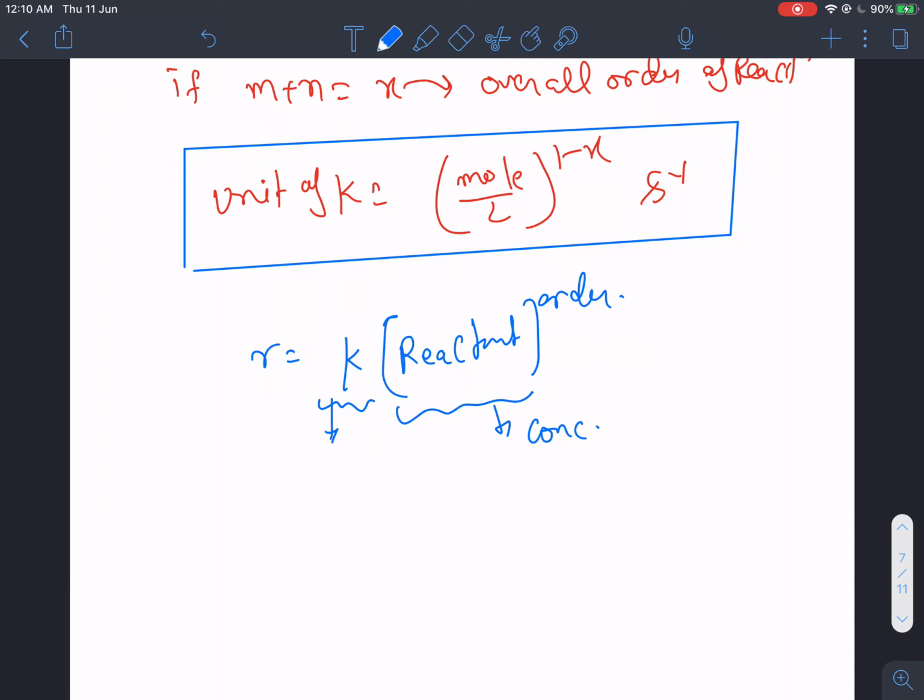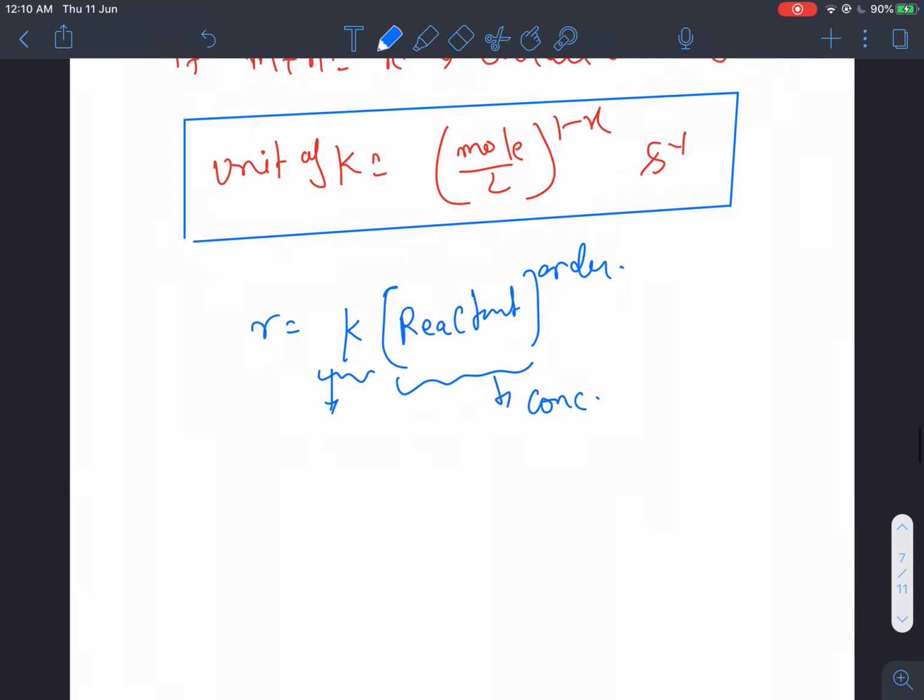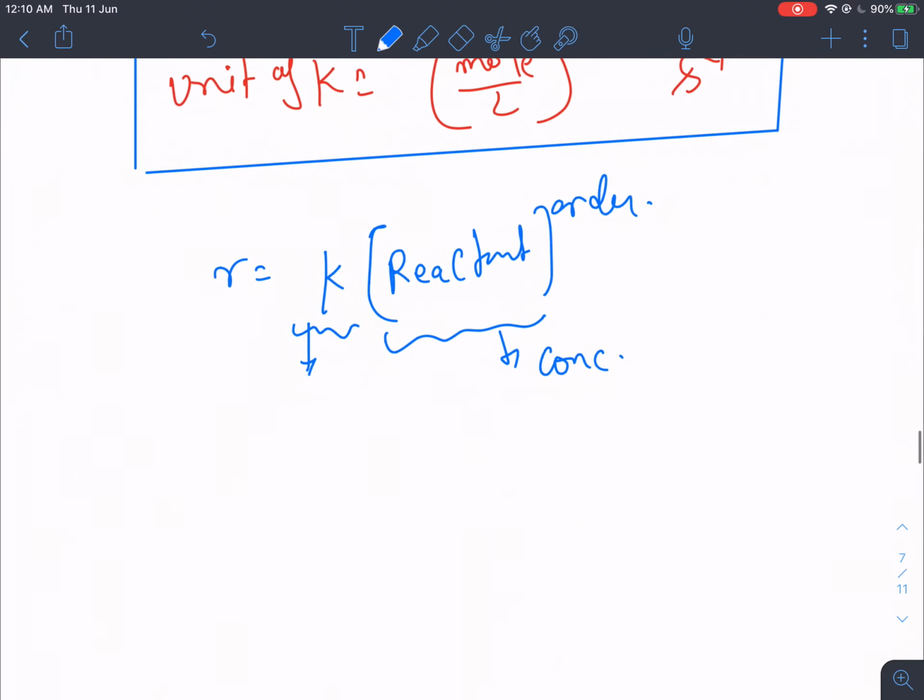So the general expression of K is K is equal to A e to the power minus EA upon RT. Let me quickly tell you all of these terms. This is the rate constant. Guys, this is the pre-exponential constant.